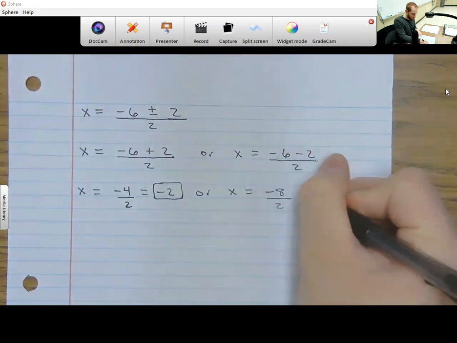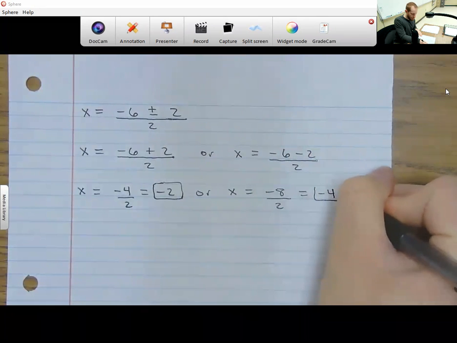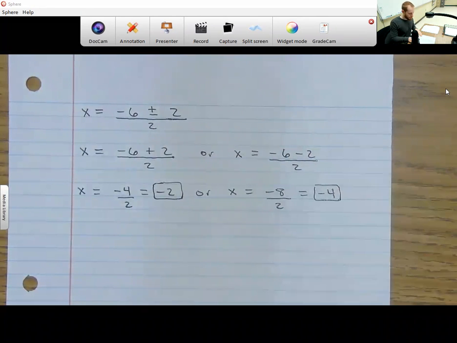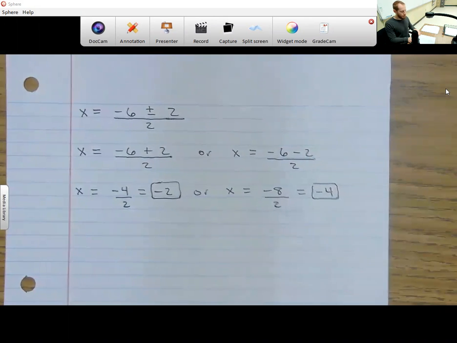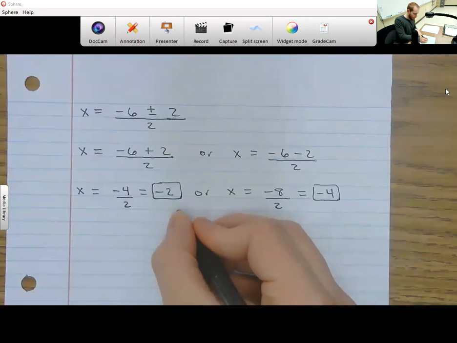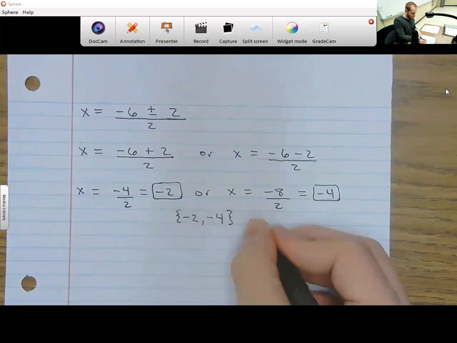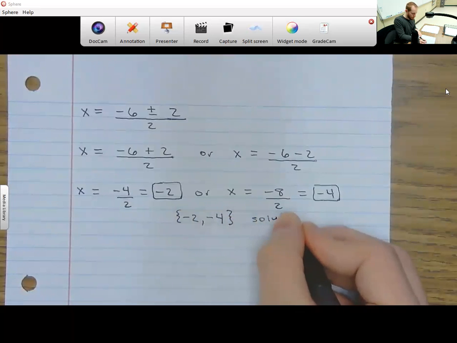Divided by 2, which would be -4. So those are my 2 answers, -2 and -4. So I put them in my solution set. I'm going to have -2, comma, -4. So this is called my solution set.